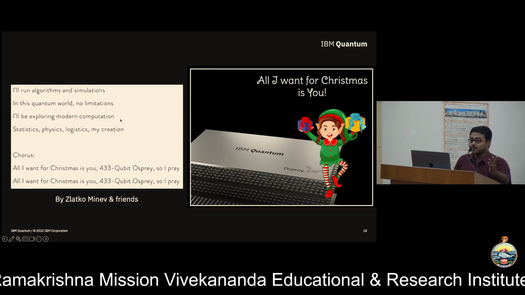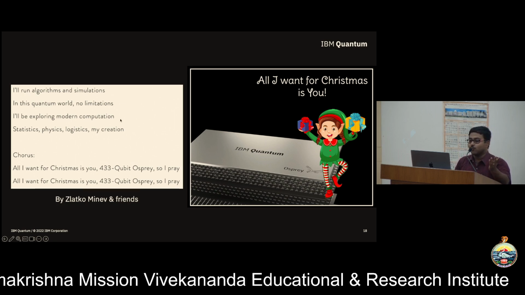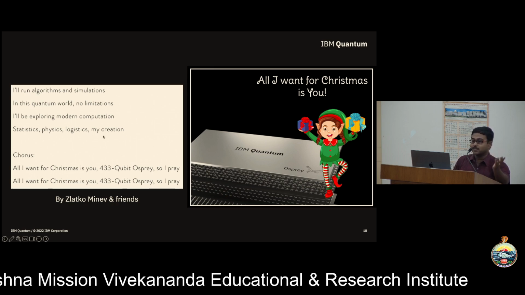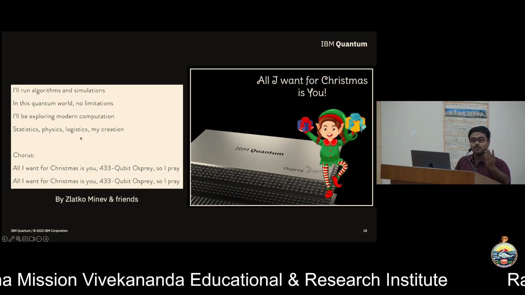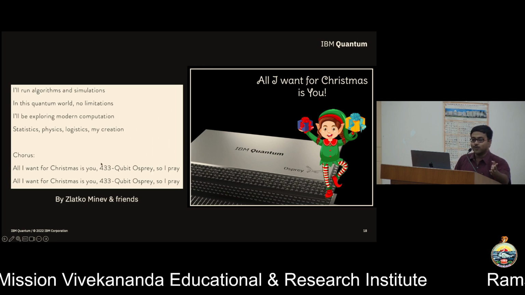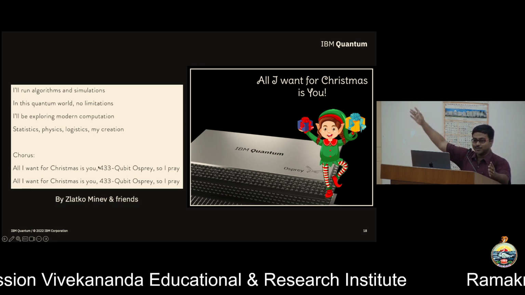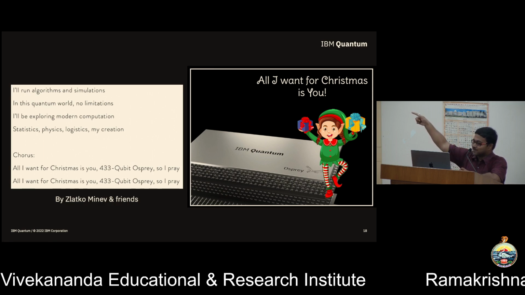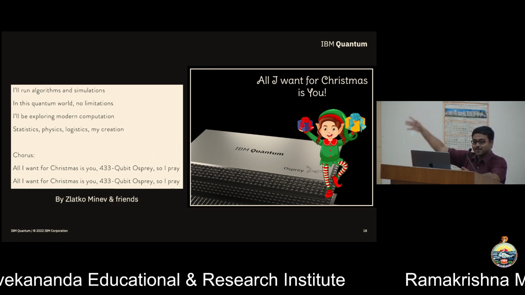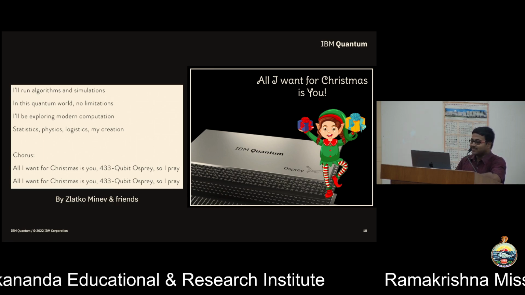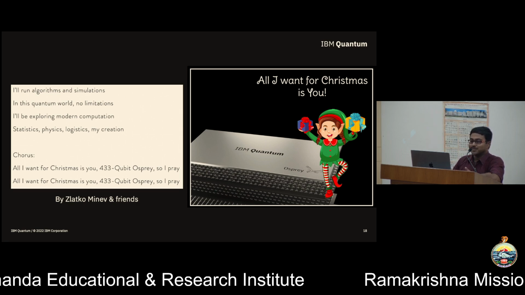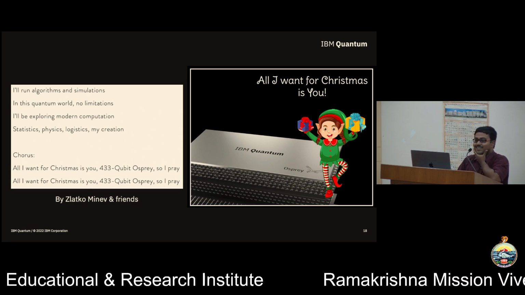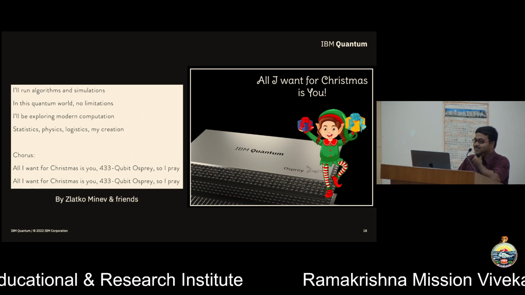I'll run algorithms and simulation in this quantum world, no limitation. I'll be exploring modern computation, statistics, physics, logistics, my creation. So all I want for Christmas is you, 433 qubit Osprey. This is very close to my heart, because this was one of my first meetings when I joined IBM, and they started doing these things before Christmas. So we have fun. It's not like we are always being very serious in meetings.